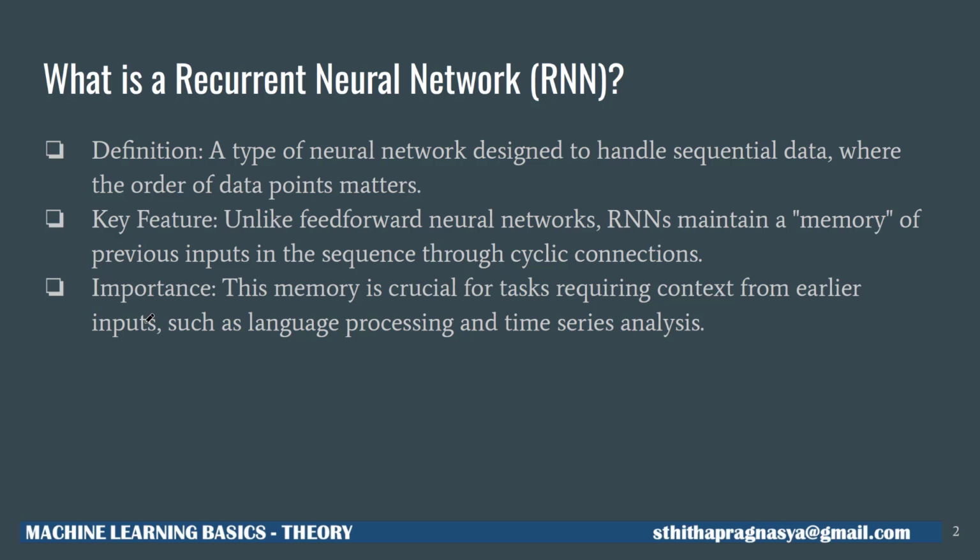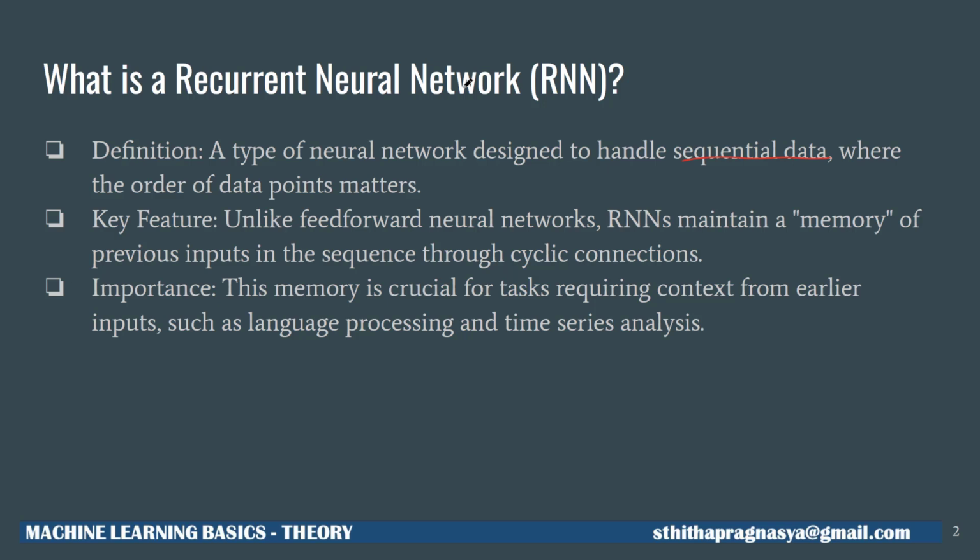The RNN is a type of neural network designed to handle sequential data. Okay, what is it designed to handle? Sequential data, where the order of data points matters. What does it mean by order of data points matters? Sometimes the data points or the input that you are giving have to have the order preserved. If you don't have the order, then they will be messed up.